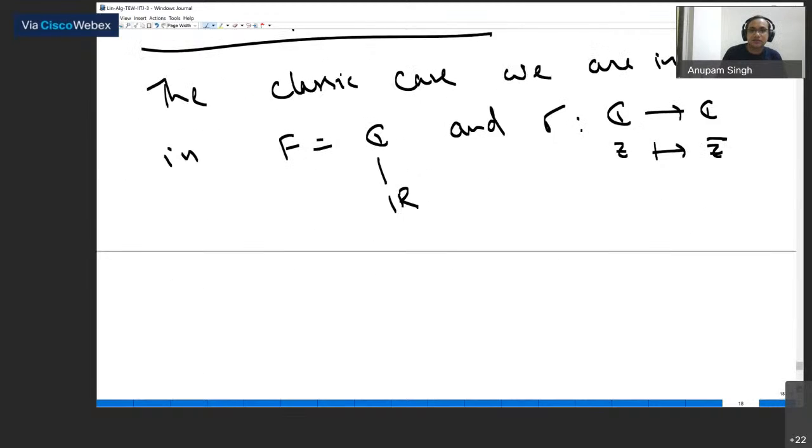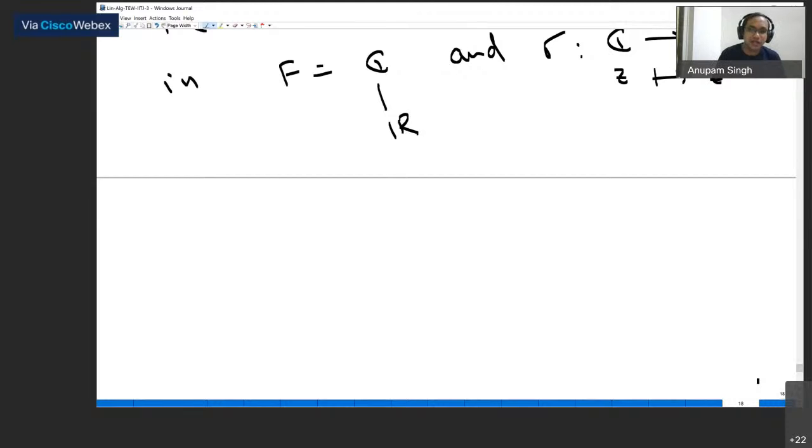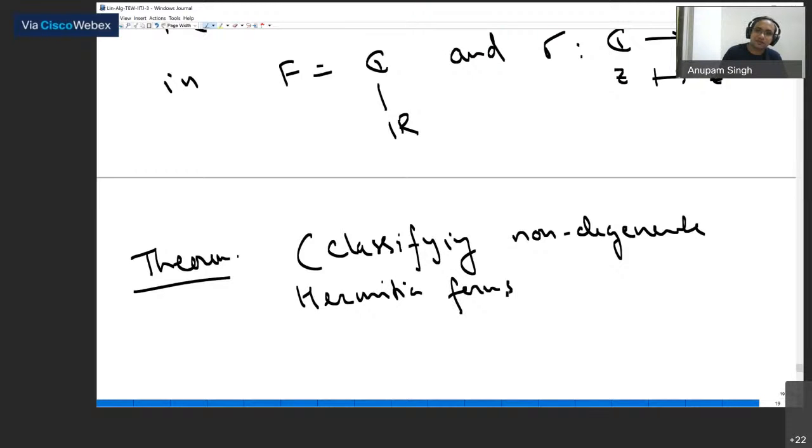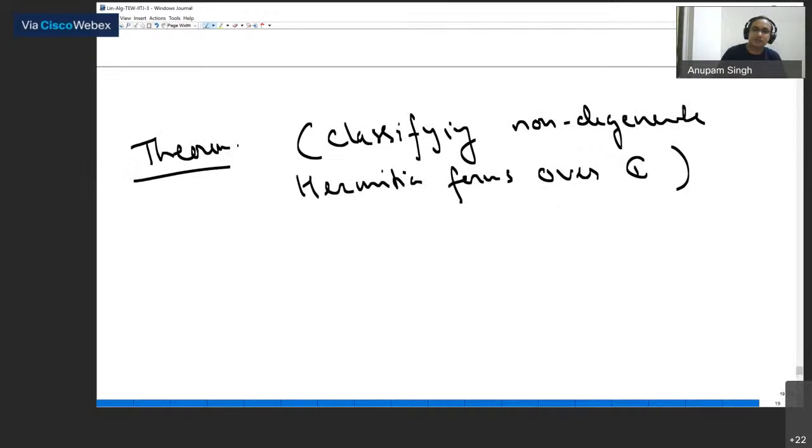Okay, and let's write down the theorem classifying non-degenerate Hermitian forms over C, with this setup where sigma is the complex conjugation.